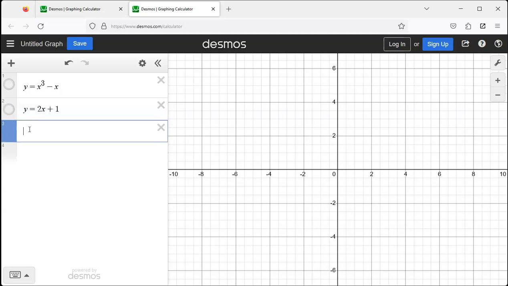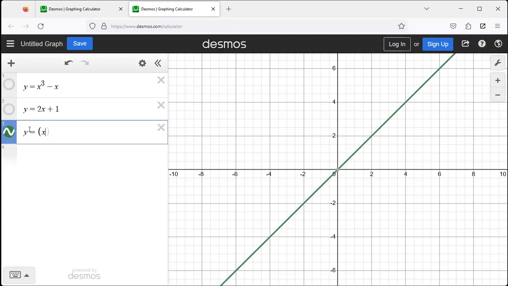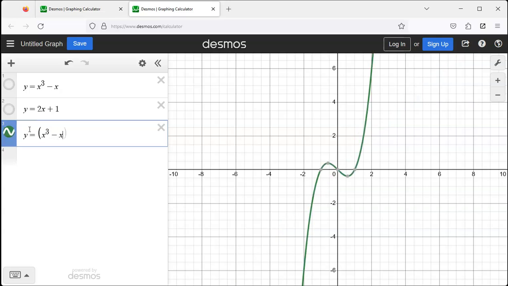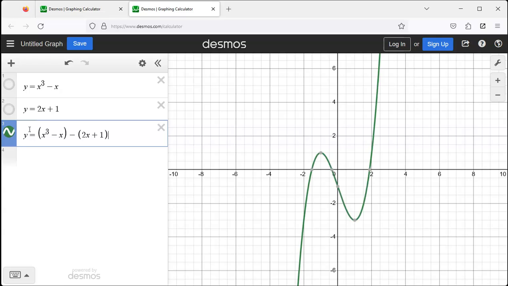Another way to do that is to subtract one from the other. x cubed minus x minus, parenthesis open, 2x plus 1. So this minus that, red minus blue, generating that.